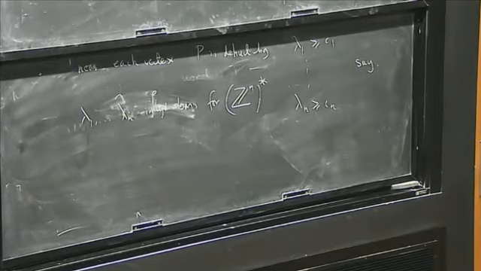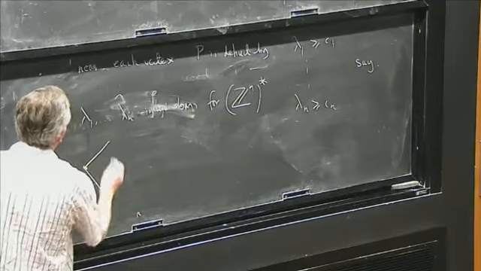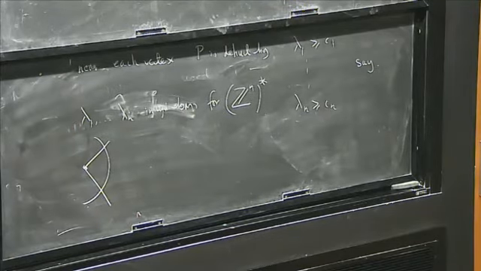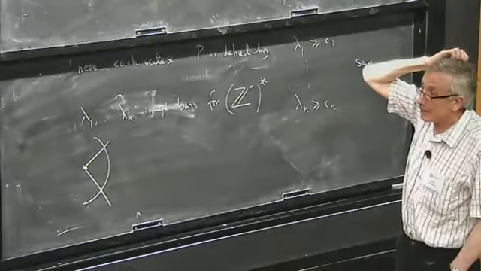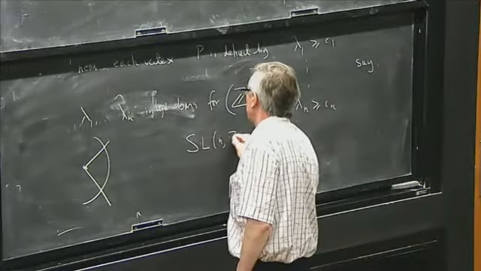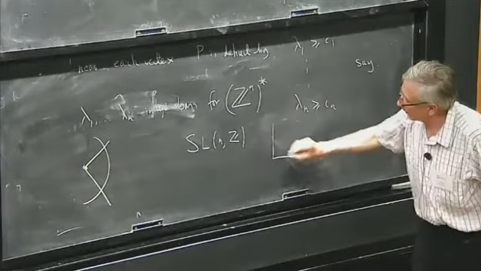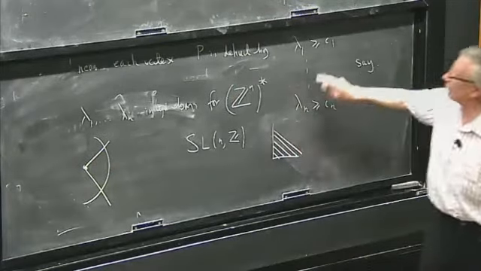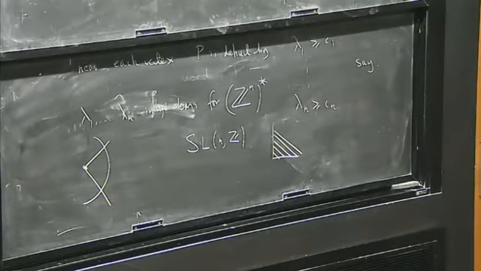So what that means is if we just look around any of these vertices, see the picture here, then we can find a transformation by SL(n,Z), which takes this picture to the standard picture, where these are just given by the standard coordinate functions, and we just map to the standard positive quadrant.